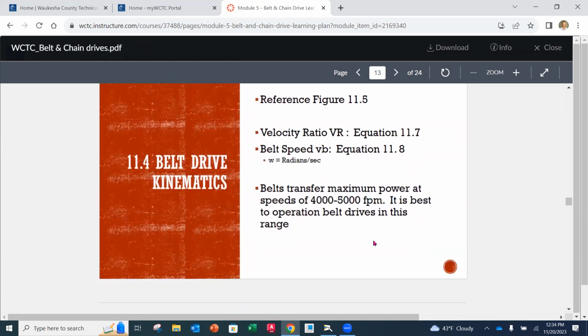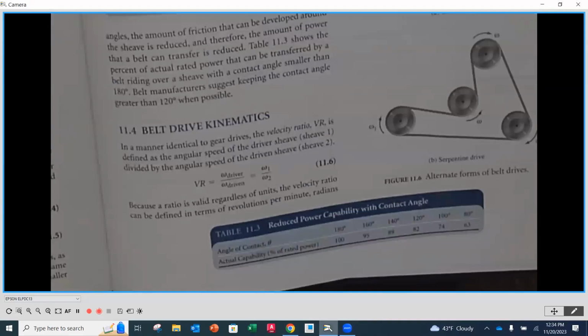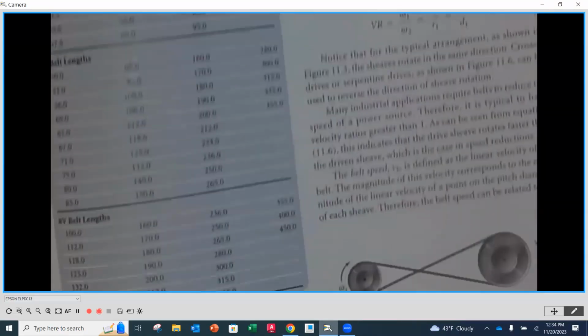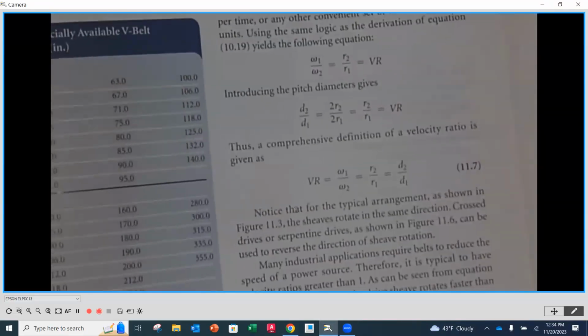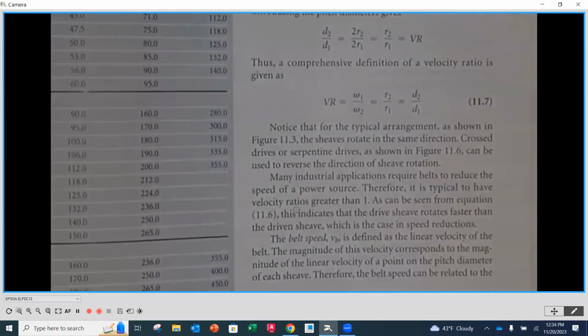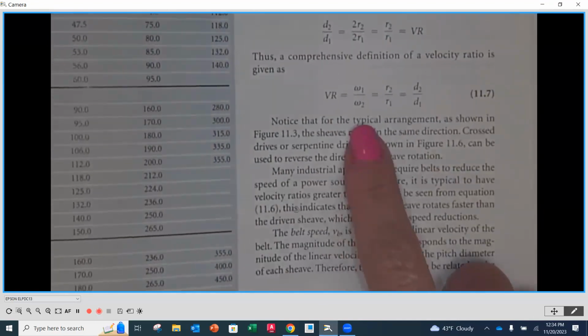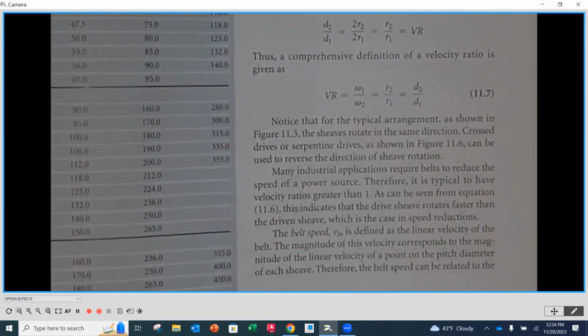Now, let's talk about velocity ratio. So velocity ratio is going to look and sound very familiar to us. We've already experienced and defined and calculated velocity ratios as we looked at gears. The very same thing occurs here, except when we're talking belt, like a V-belt, we don't have teeth to count.